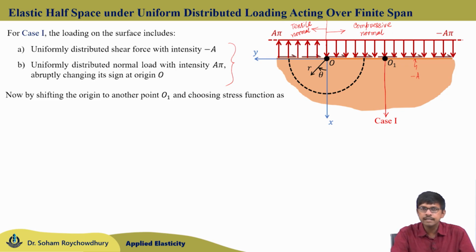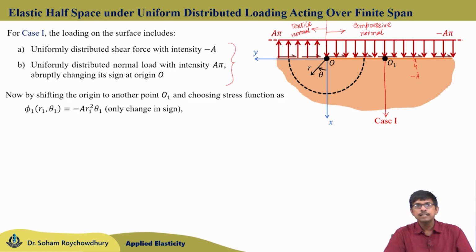Now, for the second case, we are choosing our origin at some other point O1, and a stress function is chosen like this. So, our previous stress function was phi, a function of r and theta. Now, we are choosing a new stress function phi 1, which is defined with respect to new polar coordinate variables r1 and theta 1, having the origin at point O1, and this stress function is defined as minus A r1 square theta 1.